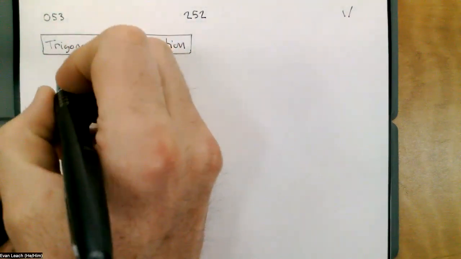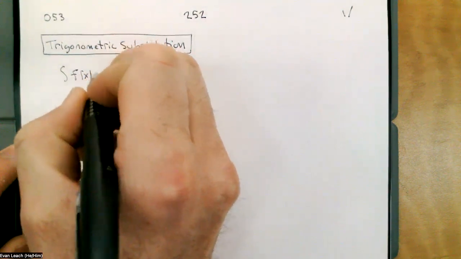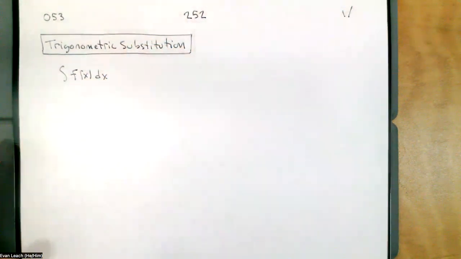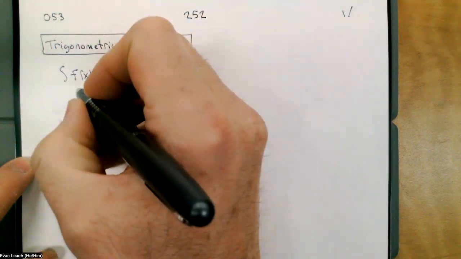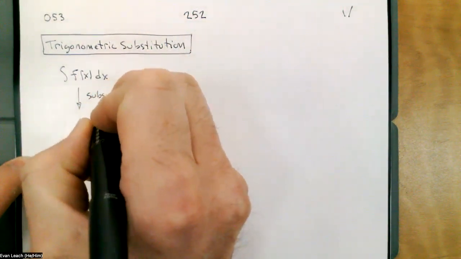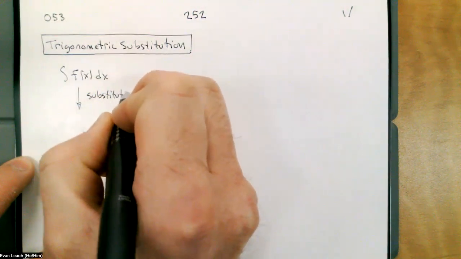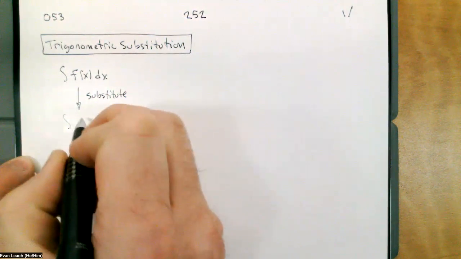We're trying to integrate some function of x, and then this is not working for us. So we trade our variables. We do some kind of substitution and get a new set of variables.